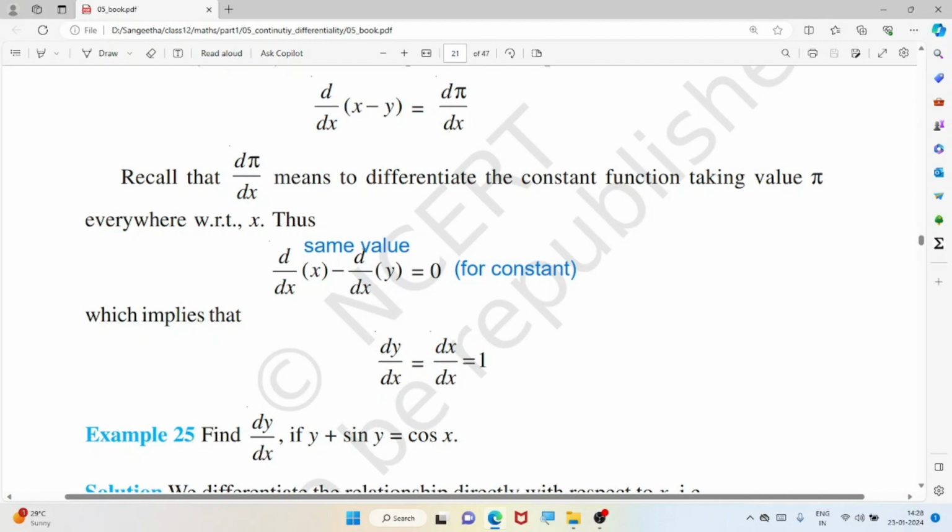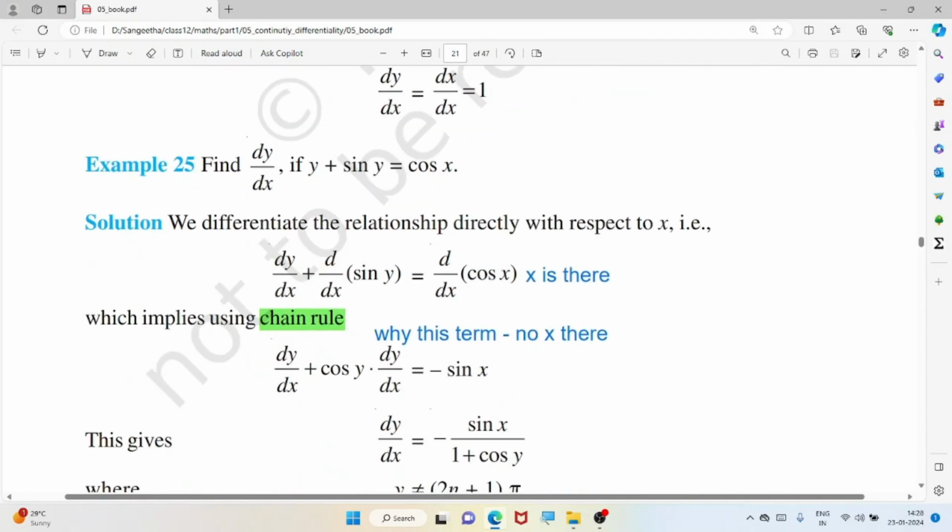Now this is 0, which means these two are the same. See, dy by dx plus this, the sign equal to this.